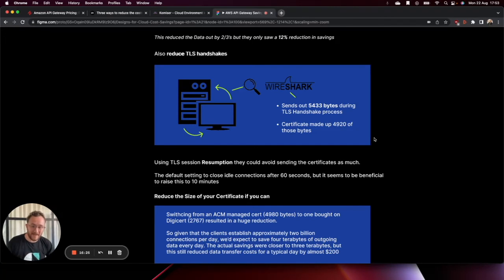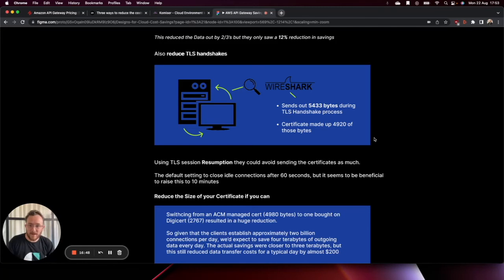So the second thing that they did was to try to leverage further the TLS session resumption, which has to do with resuming previously established connections and not having to create so many connections, because with that connection creation, of course, we have that data transfer.